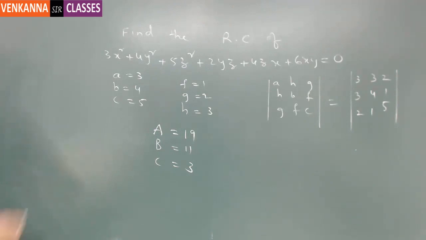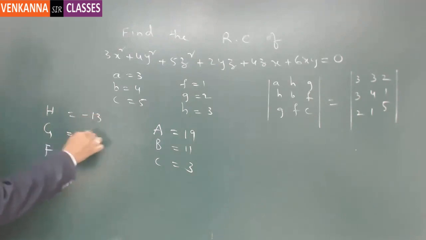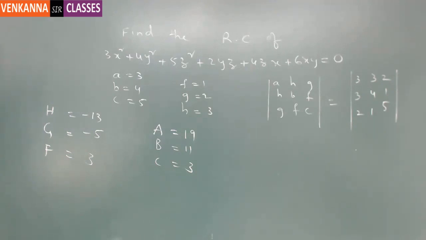So if you calculate the cofactors H, G, F, you will have the values minus 13, minus 5, 3.